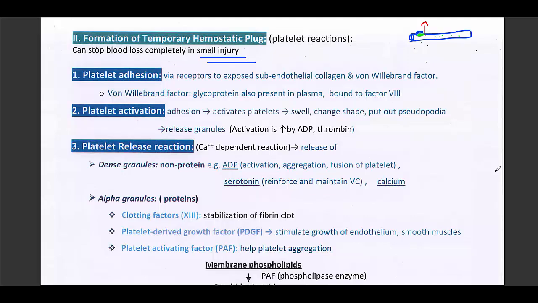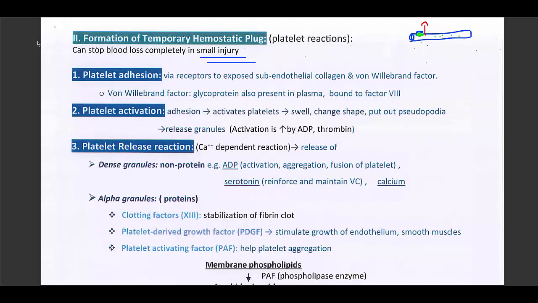Specifically, the mechanism is firstly platelet adhesion by receptors to exposed subendothelial collagen, as the endothelium at this site becomes cleared, and von Willebrand factor.